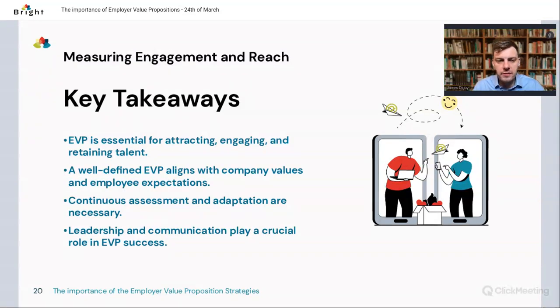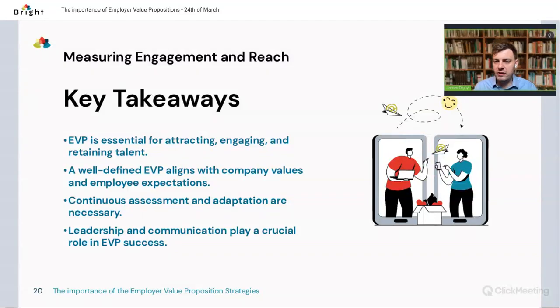So the key points covered today have been that it is really an essential part of recruitment, especially if you want to improve on where you were last year. Well-defined EVPs will align with your company or organization values and, importantly, your employees' expectations of what you are providing as an employer.